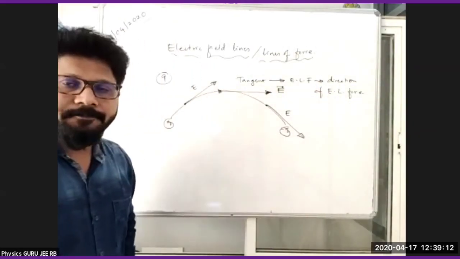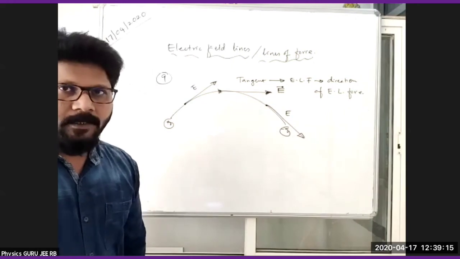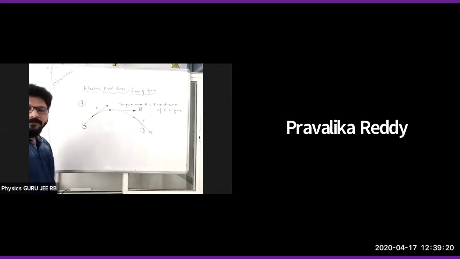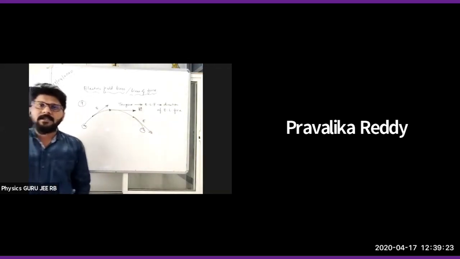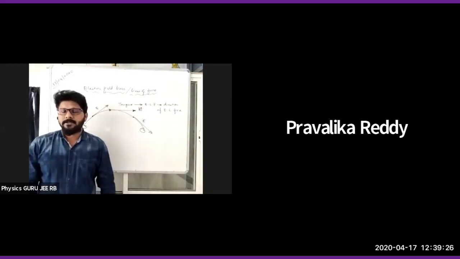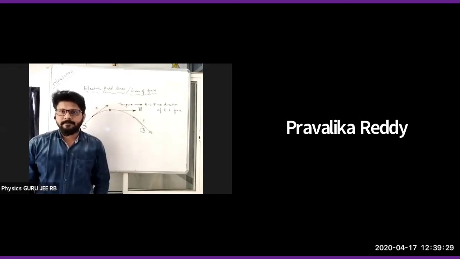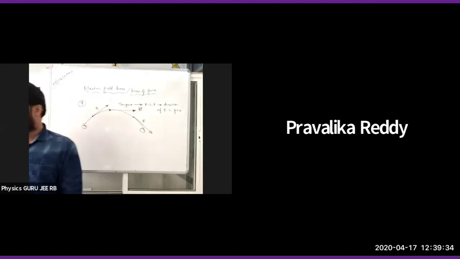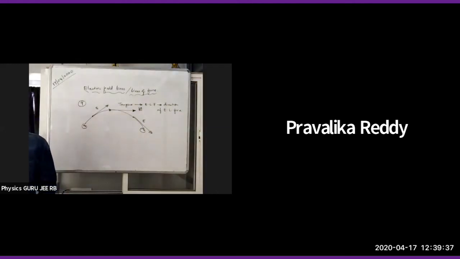Is it clear, this one? This is nothing but the ninth property: the tangent drawn at any point gives the direction of the electric field at that particular point. Clear? Shall we move to the next one? All of you, yes or no? So parallelly, if you write, that is well and good.